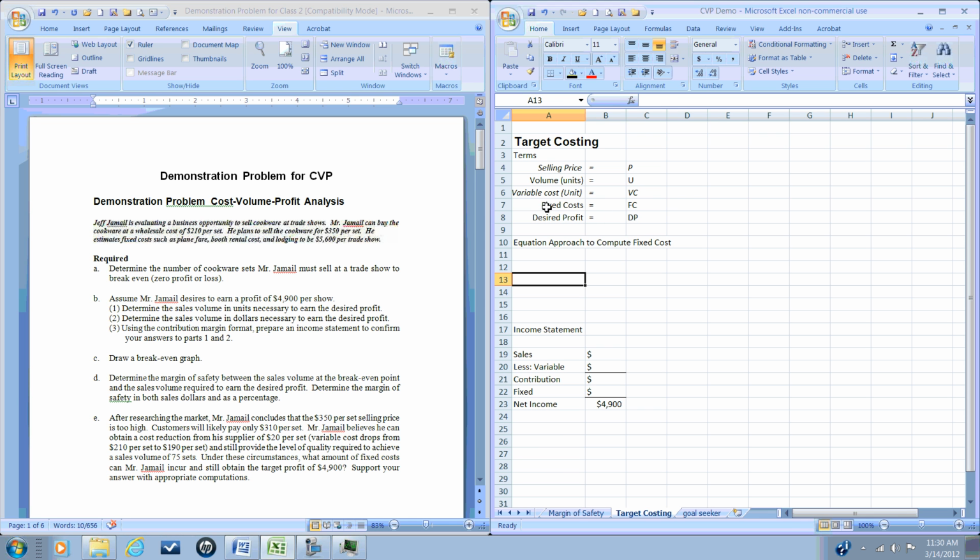We will also need to adjust our fixed cost, and our desired profit of 4,900 will remain the same.